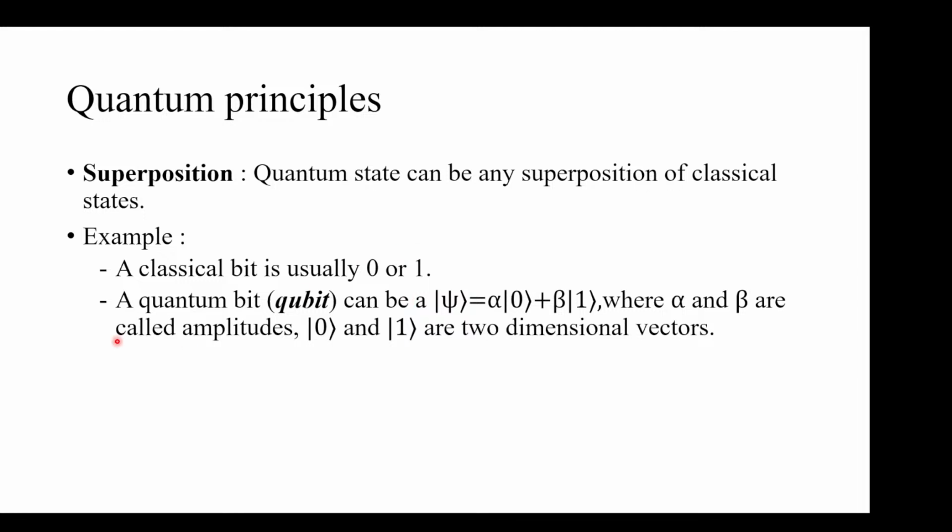This is what we believe in quantum mechanics: your state is always in some linear space, and there can be arbitrary linear superpositions, where the classical states are usually a basis of your linear space.